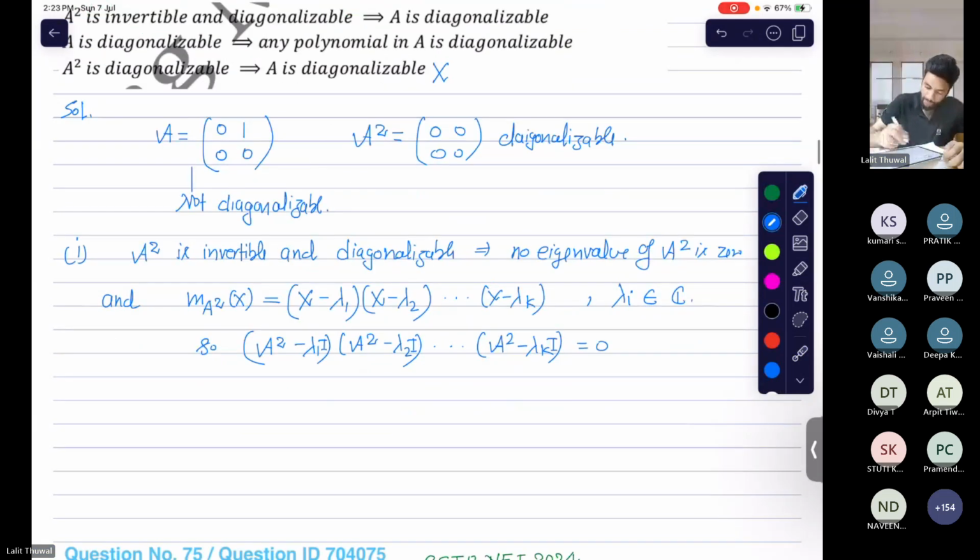So we can write it like this: (A - root lambda 1 I)(A + root lambda 1 I), and for the other eigenvalues also, up to the last term.